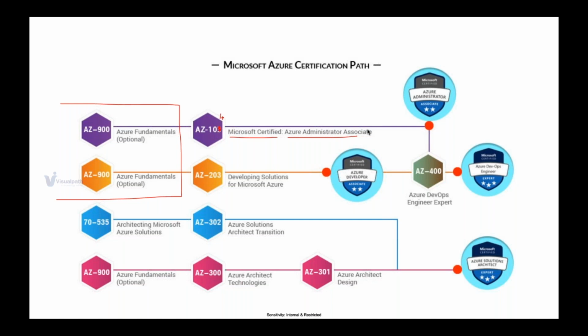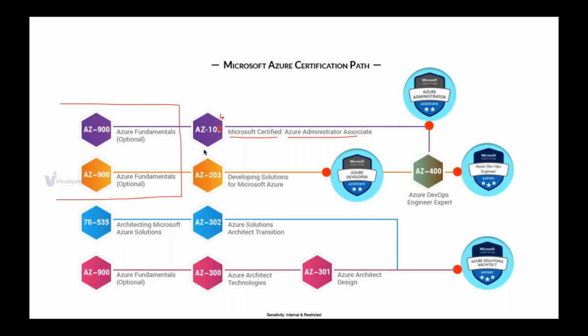There is no development in administration, as we don't learn any development part. It's purely administering your infrastructure. If you want to learn any scripting or automation, yes, you'll learn it with respect to managing your infrastructure, not developing anything. After completing this course, you can take your certification AZ104 and be certified as an Azure Administrator Associate.